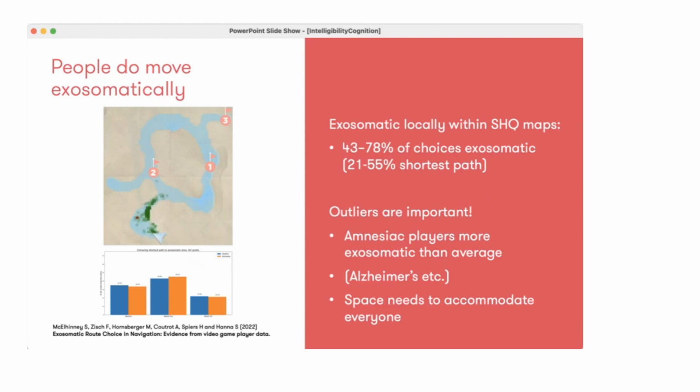When people are making a choice between one direction and the next, where one direction is the axiomatic approach and the other is taking the shortest path, between 43 and 78% of choices are the random walking agent axiomatic approach, and only 21 to 55% are the shortest path. So people are slightly more likely to take routes that correspond to the simpler hypothesis.